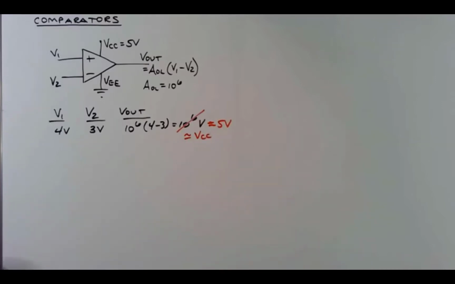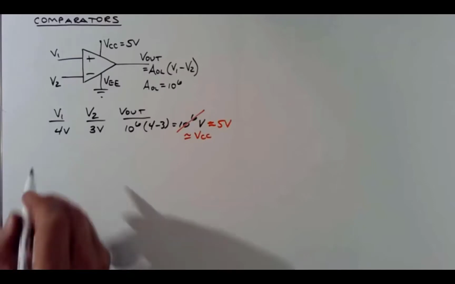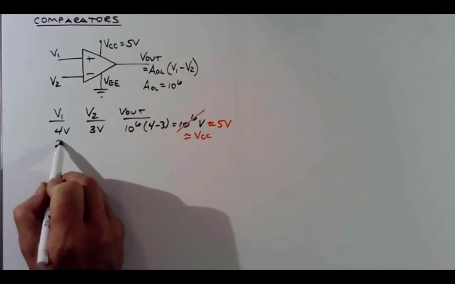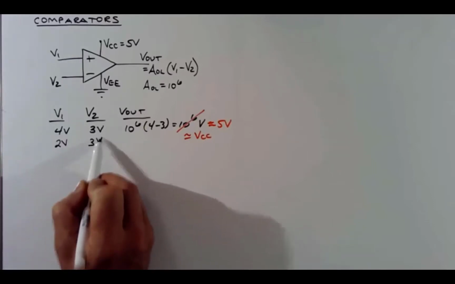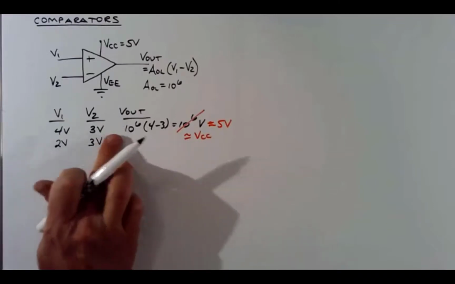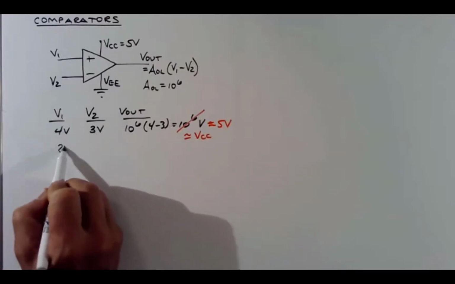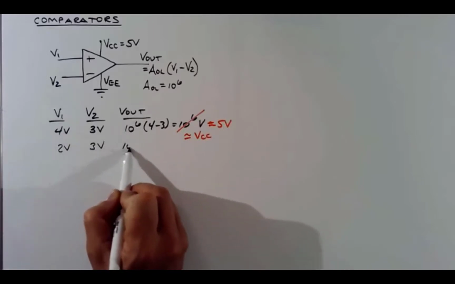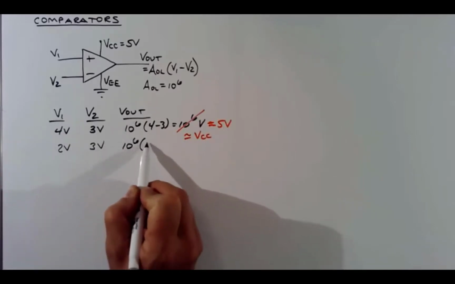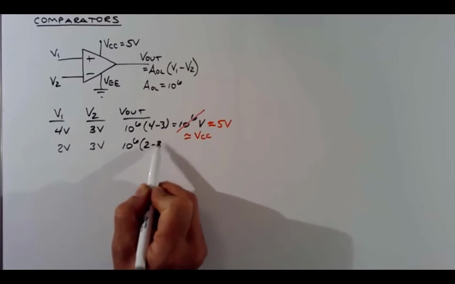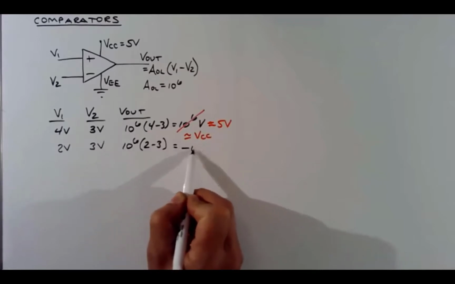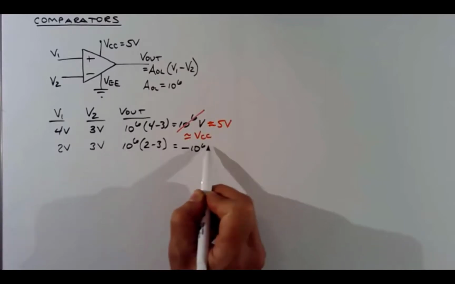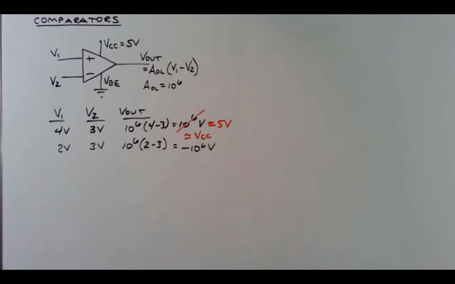Let's suppose the opposite is true. Let's have an input of, I don't know, 2 volts at V1 and keep 3 volts at V2. And again, textbook formula: 10 to the 6th times 2 minus 3 equals negative 10 to the 6th volts, right? So you're going to get negative 1,000,000 volts out of this op amp.